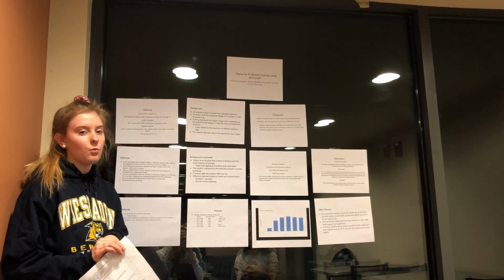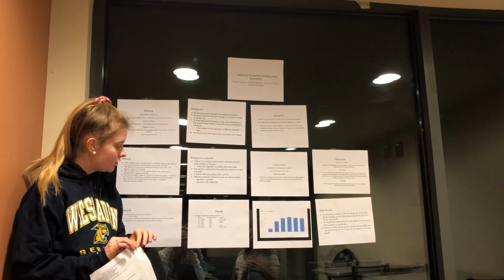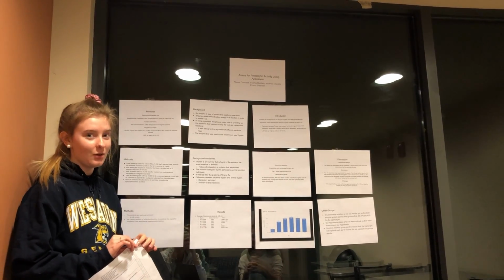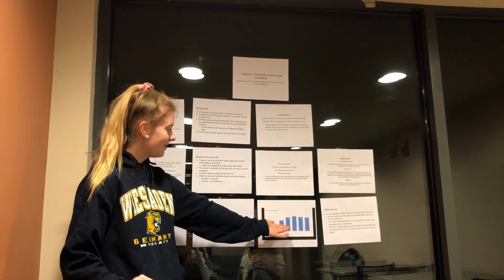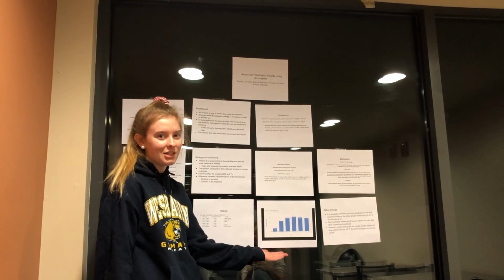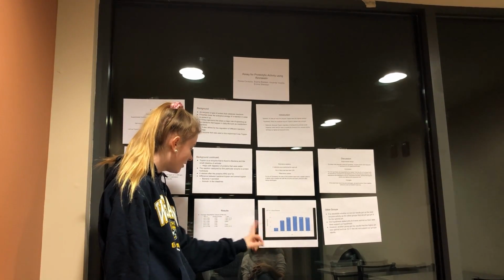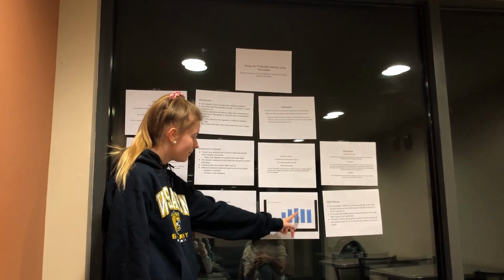Our standard deviation was less than 0.01, which means that our variability was very low. It was very good. Here is a visual representation of that on the chart. There's our pH 8. Also, our t-test was very good.